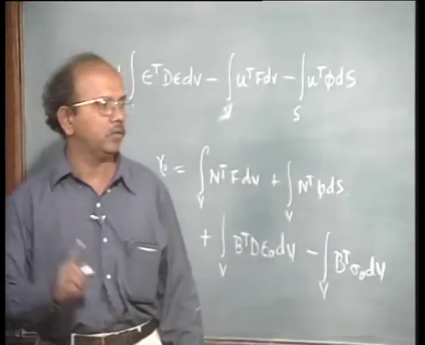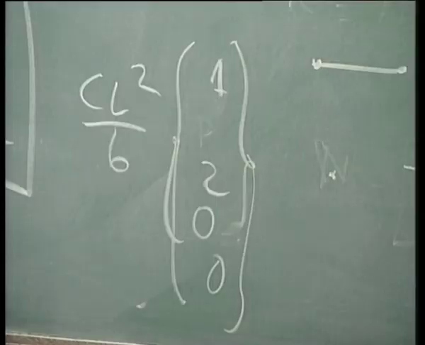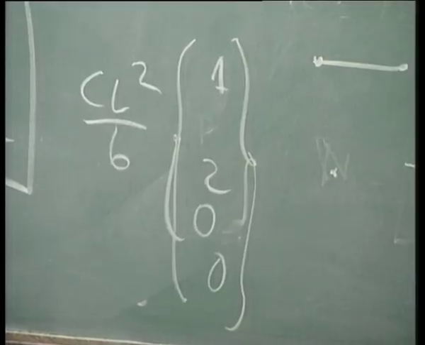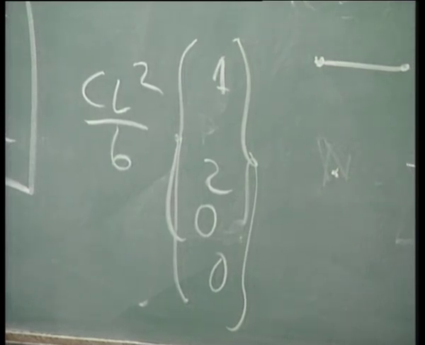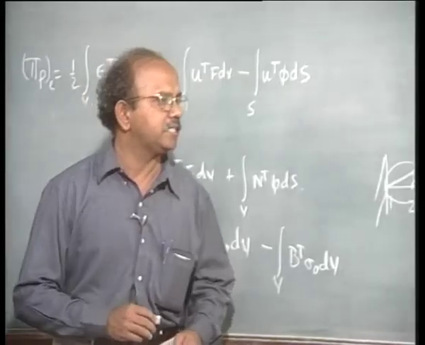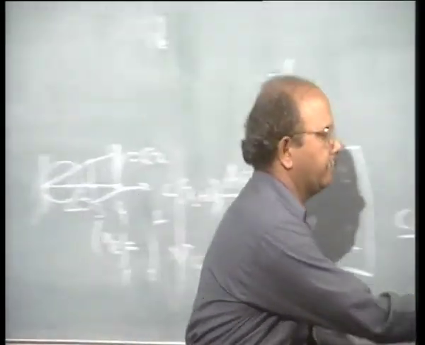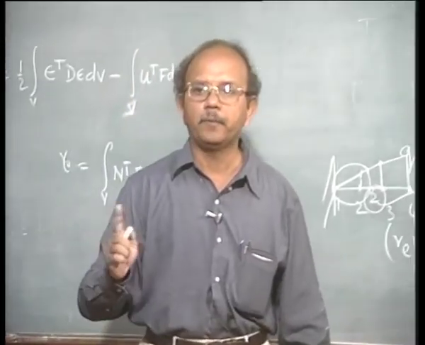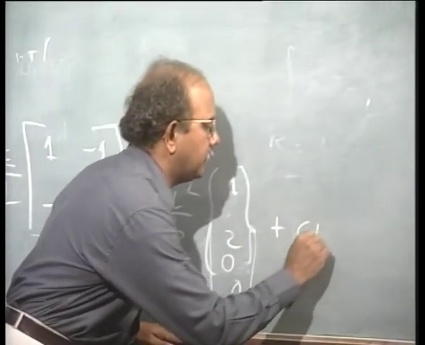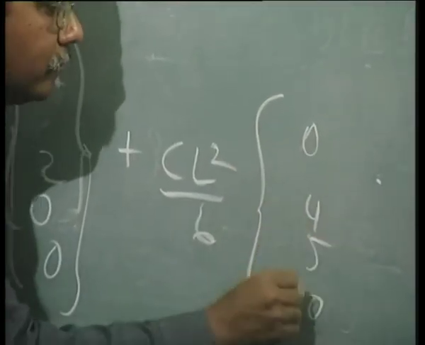Is it clear? Okay. Just have a look. CL squared by 6, 1 and 2. What is the use? Again I am repeating. So that you can now add together REs, period. That is very simple. For the second element, it so happens that it is CL squared by 6, 4 and 5. So how do I now write it completely? Plus CL squared by 6, just confirm it, 0, 4, 5, 0.